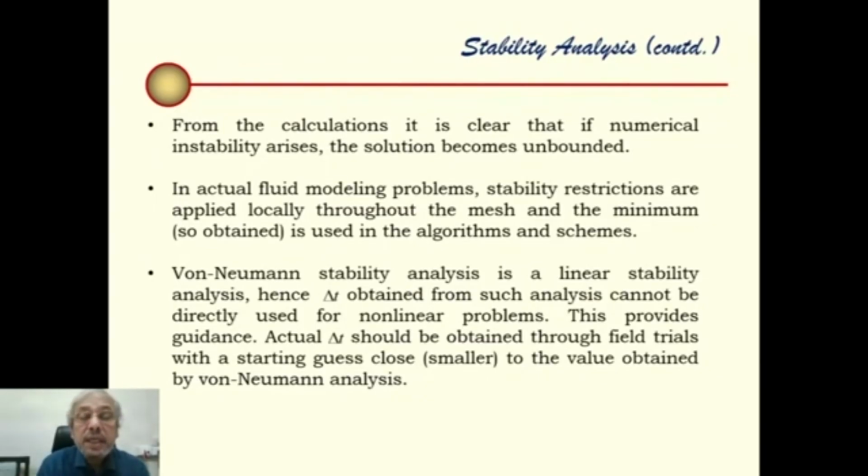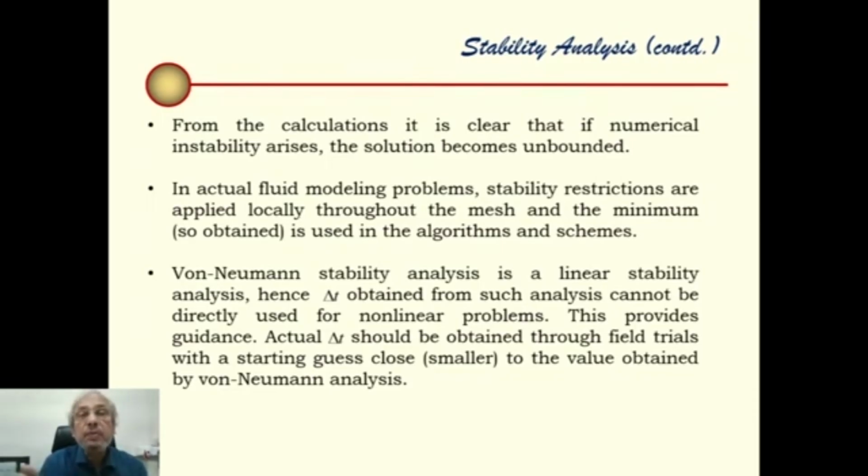So hence delta T obtained from such analysis cannot be directly used when we will be solving full Navier-Stokes equations or Euler's equations or energy equation, if any nonlinearity there in energy equation. Of course, energy equation is usually the way we solve is, again, a quasi-linear equation.